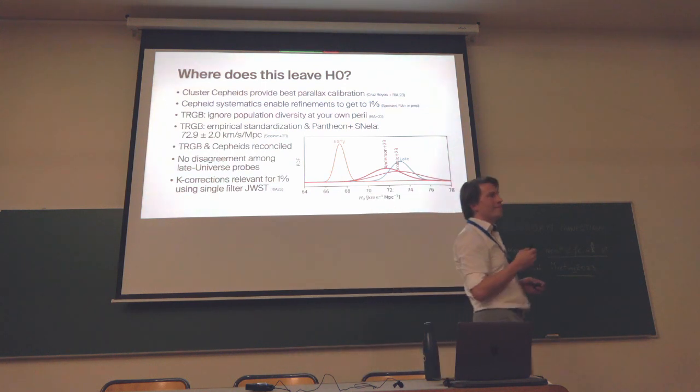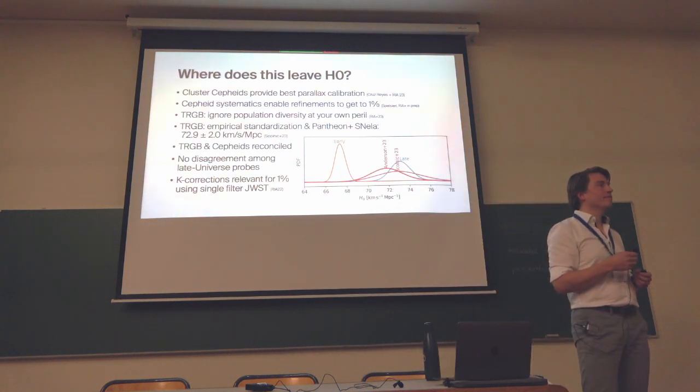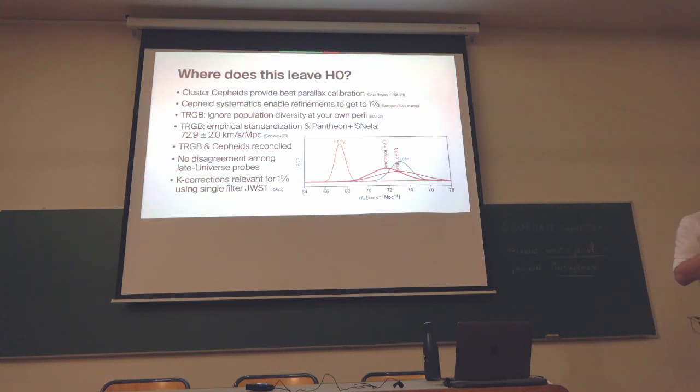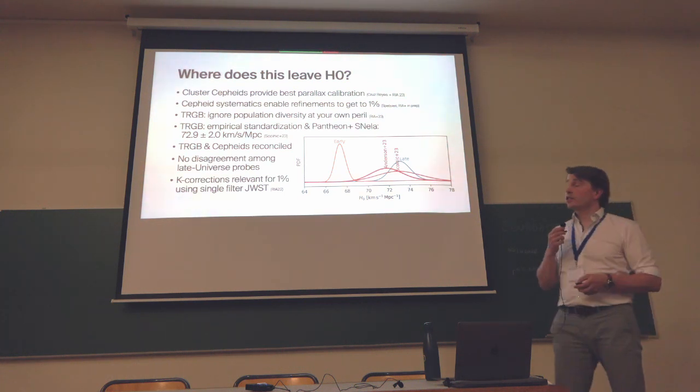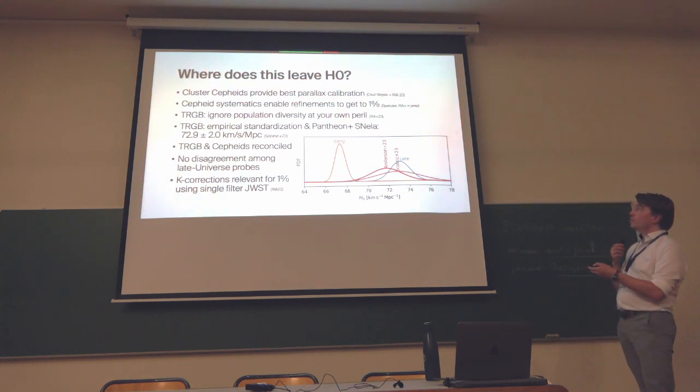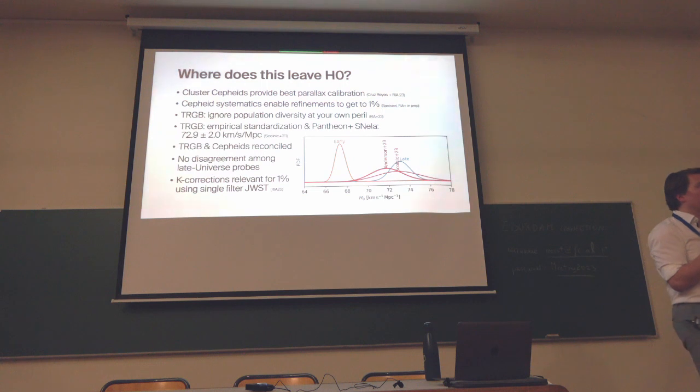Sorry for the naive question, but what is the difference with the results by Freedman? Yeah, so the point that's shown here as Anderson 23, the difference is in, there are 2 main differences. Both have to do with the absolute calibration of the TRGB coming from the LMC.